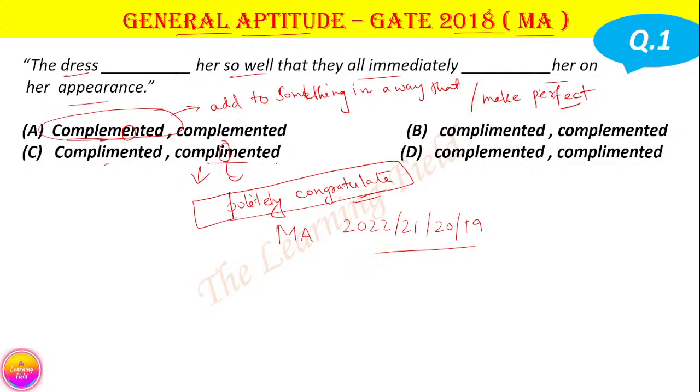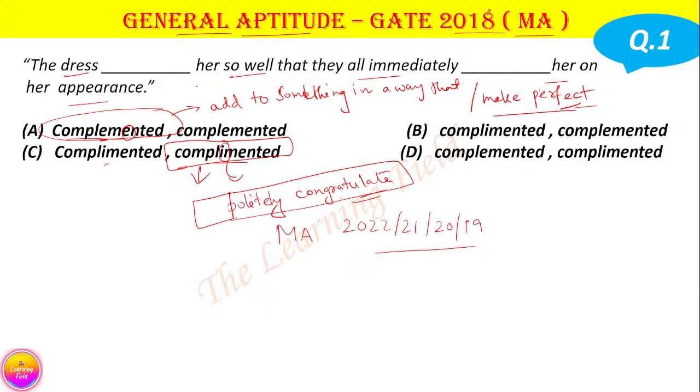If someone gives a very nice performance of a song or dance or anything, then we give a compliment to him or her. That is the compliment with an I. And complement with an E means to add something or make perfect.